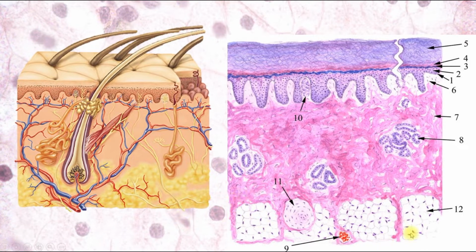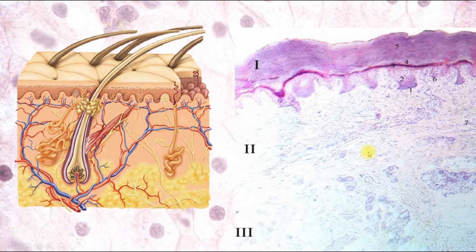It's located under the skin, and epidermis has some layers. We'll discuss them later. Papillary dermis is loose fibrous connective tissue, and reticular dermis is dense fibrous irregular connective tissue.